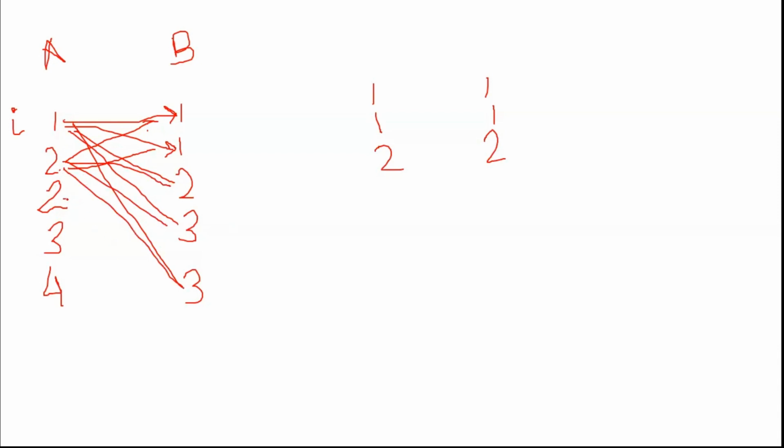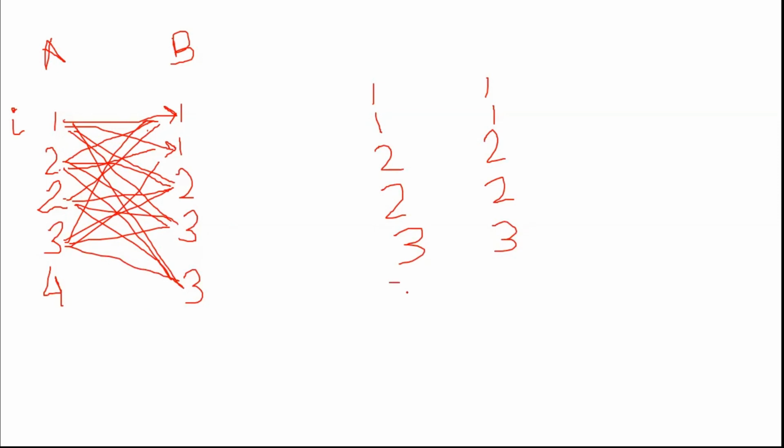Then for the third element, no common, and again one common, so this will be the entry you find. All the other two are not common. For the 3, no common, no common, no common. Here it will find a common, so it says 3 is to 3. For the last one, again yes, it is also common.